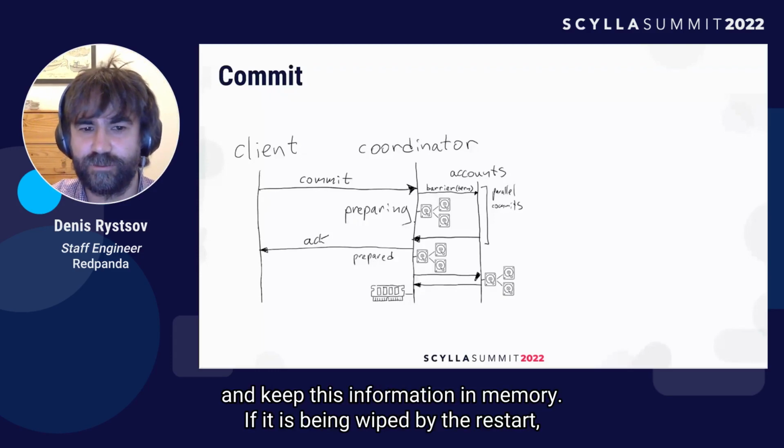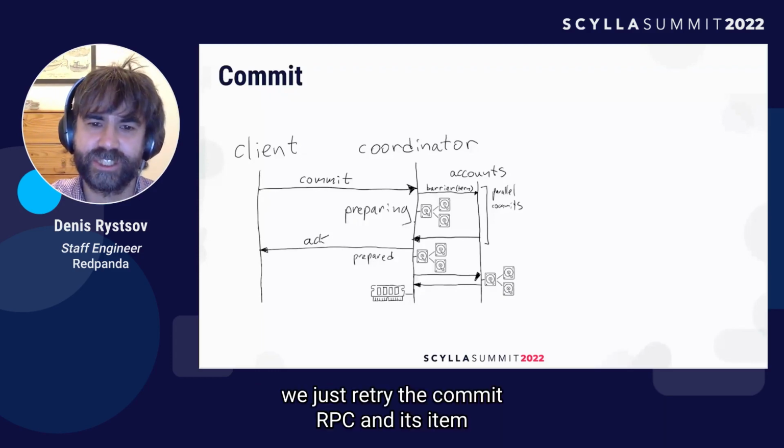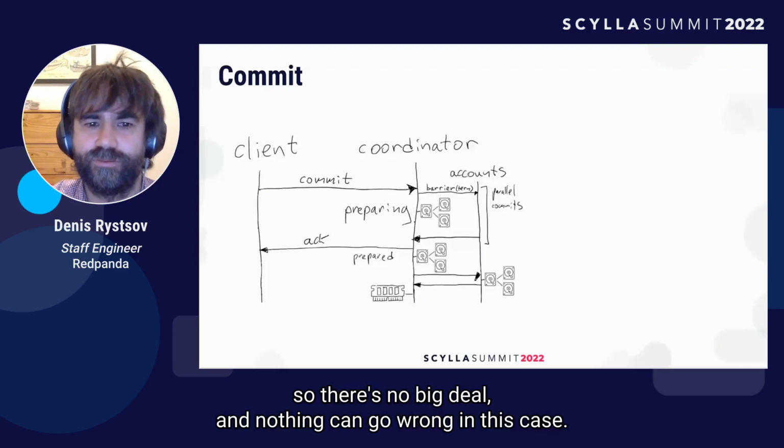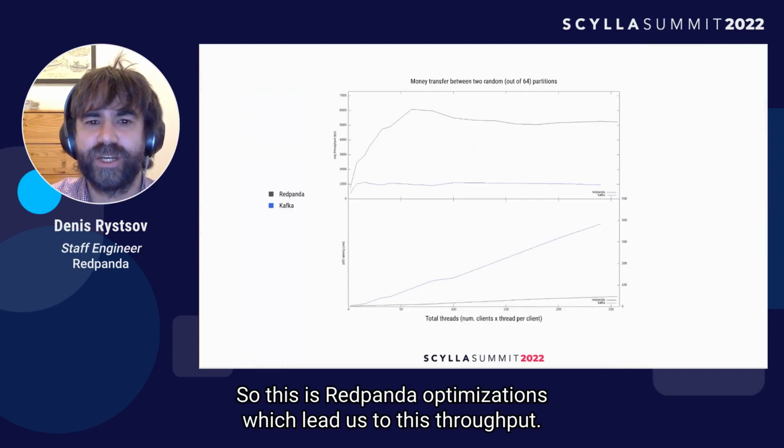If it is wiped by a restart, we just retry the commit RPC and it's idempotent, so there's no big deal and nothing can go wrong in this case. So these are the Redpanda optimizations which lead us to this throughput.